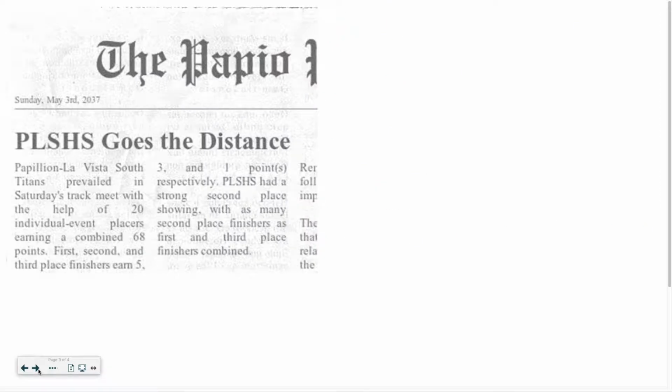Go to the back page and read through this newspaper article.